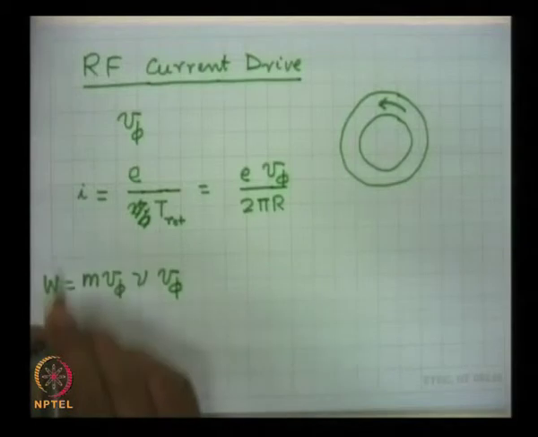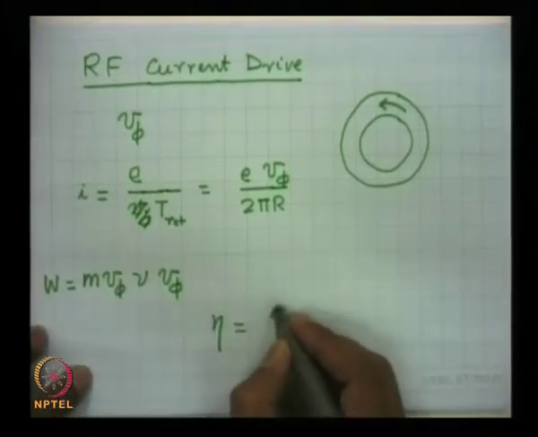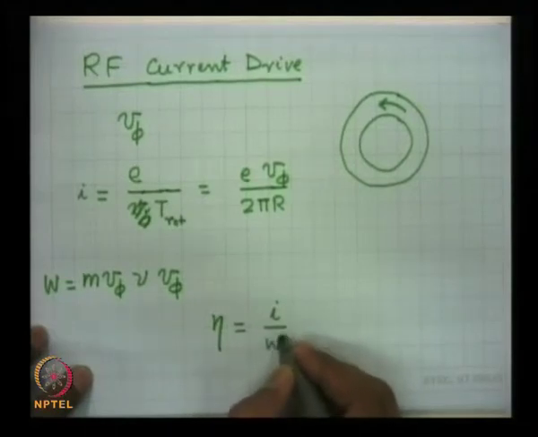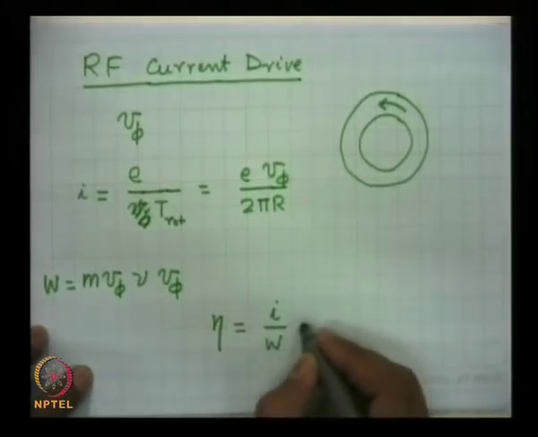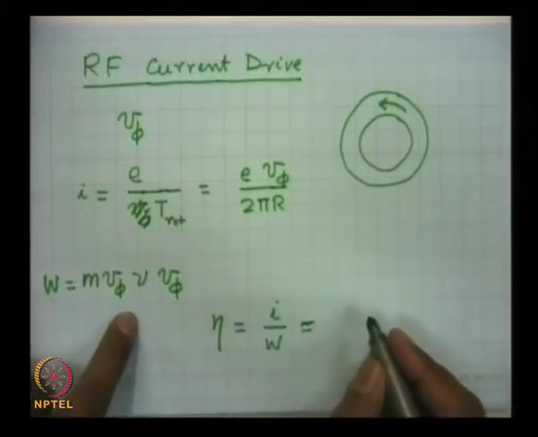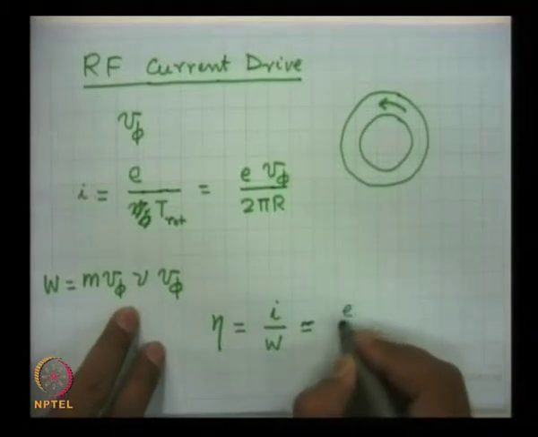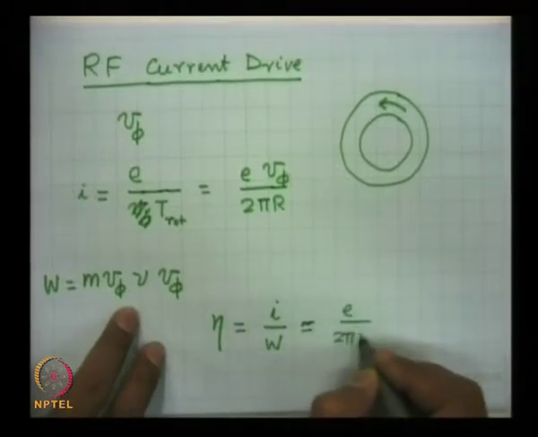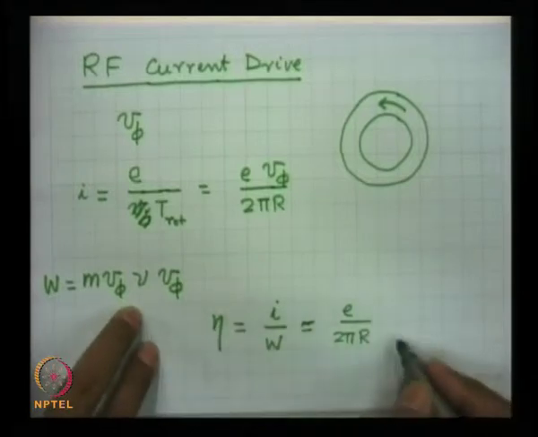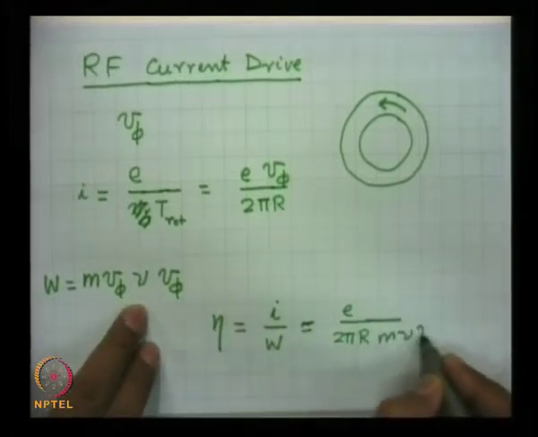So, if I divide the two, then the efficiency of current drive, which is the current divided by the energy lost, is equal to E upon 2 pi r, r is the major radius of the tokamak, into m nu into v phi.